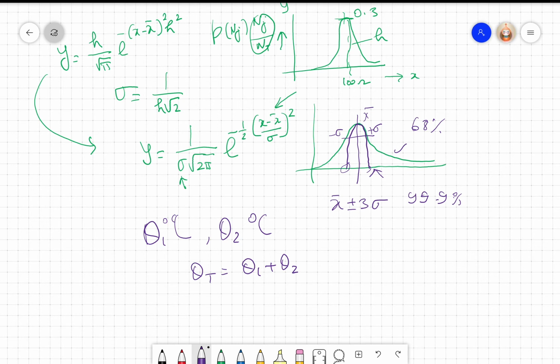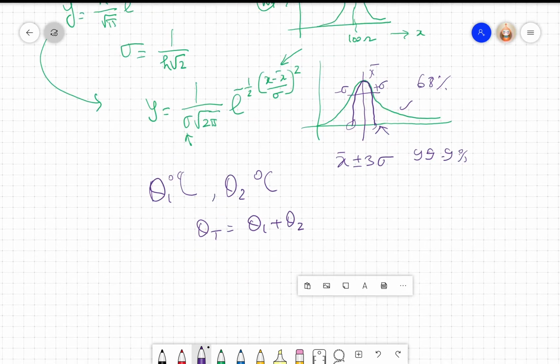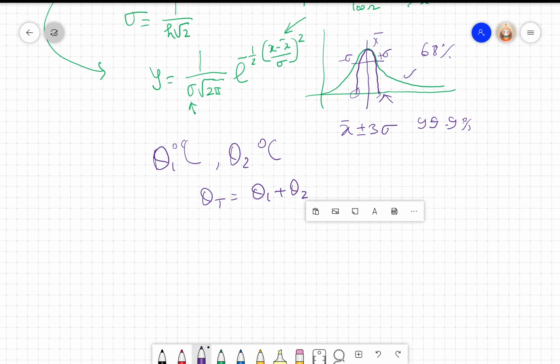Sometimes we take two pressures P1 and P2 and put total pressure P1 plus P2, or differential pressure as P1 minus P2, and so on. So if I add two measured quantities, each one has an error of epsilon 1% and epsilon 2%. What would be epsilon t percent? We call this propagation of errors.